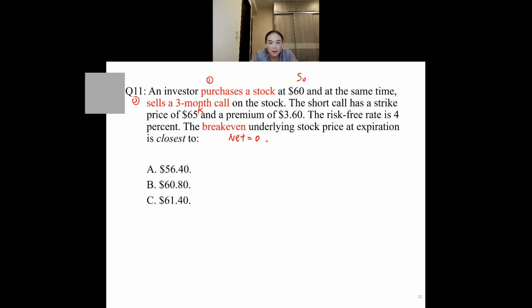And when we short a call, we earn the premium of $3.6. So we are figuring out an ST, and to break even means net equals 0. So ST will make your overall profit equal to 0, which means it offsets your $3.6 premium income. That's pretty straightforward.